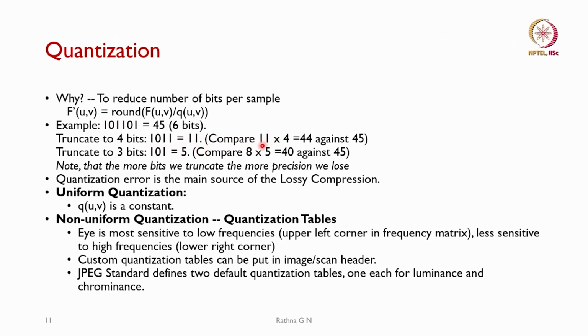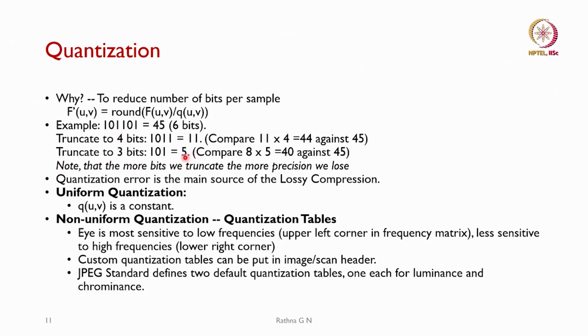Compare that, 11 into 4 is 44 against 45. So, instead of 45 we represent it as 11, and because we have represented it with 4 bits, I can multiply and get almost near 45.